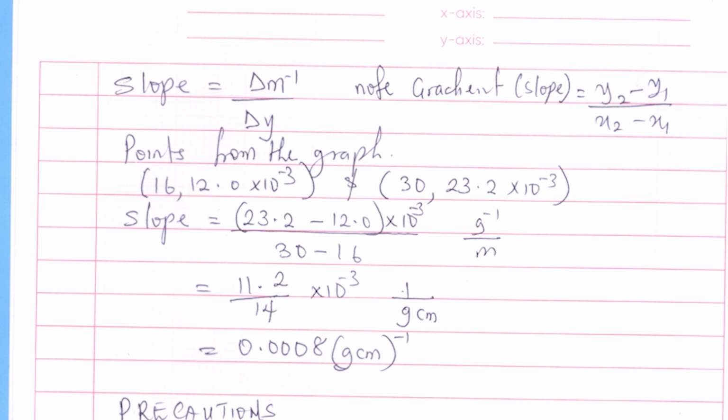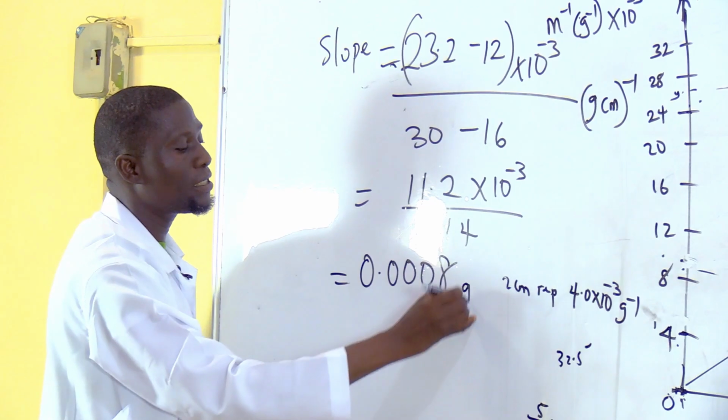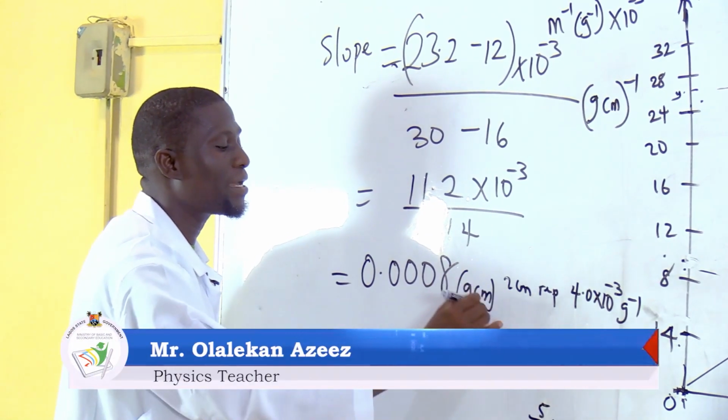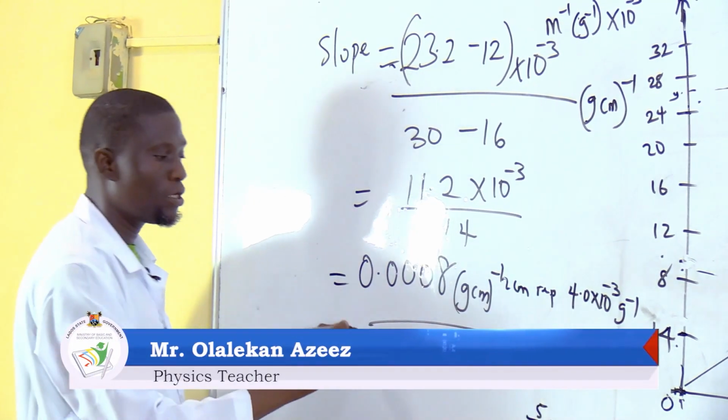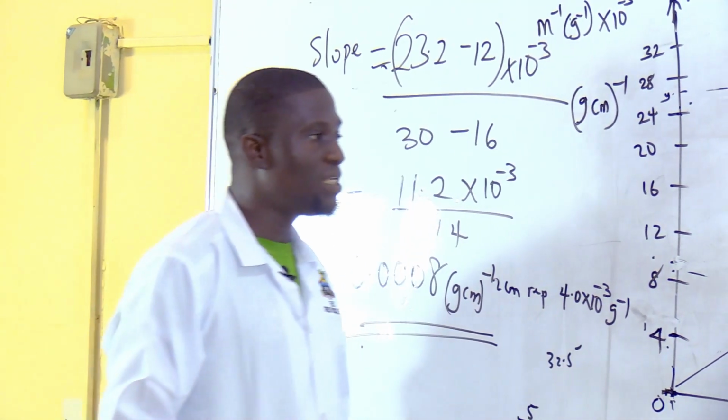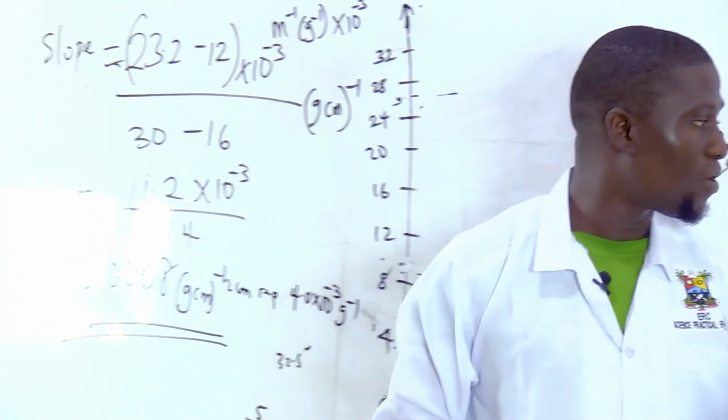We are going to have 11.2 for this, and here will be 14. 11.2 times 10 raised to power minus 3 over 14. Now, don't forget the unit. We've derived the unit there. It is 1 over gram per centimeter. So here, if you work this out, you are going to see 0.008 (gram centimeter) raised to power minus 1. So this is the slope of the graph.